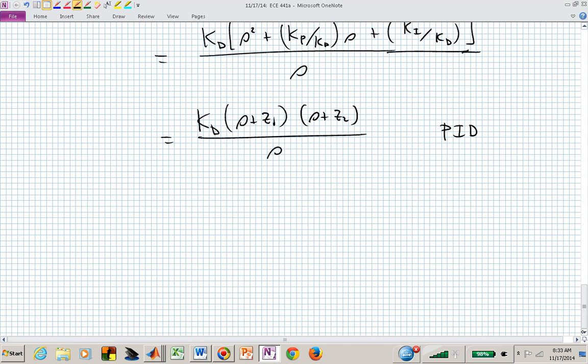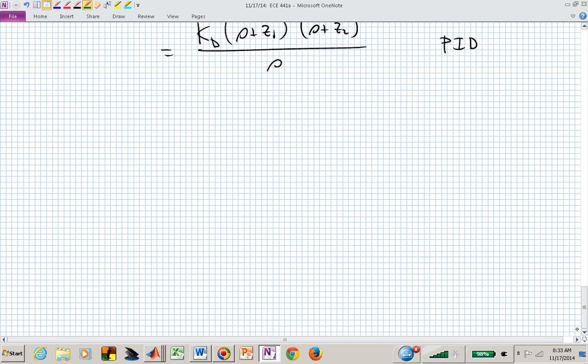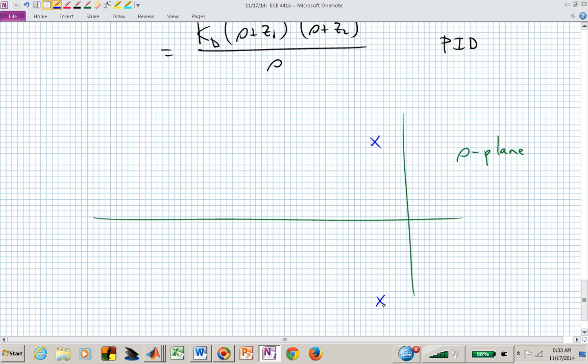What happens in this particular case? Suppose now this is our S-plane, and we're doing back of the envelope thinking. Here are our plant poles. With the PID controller, we now have placed a pole at the origin, and I could create two complex conjugate zeros if I wanted to.